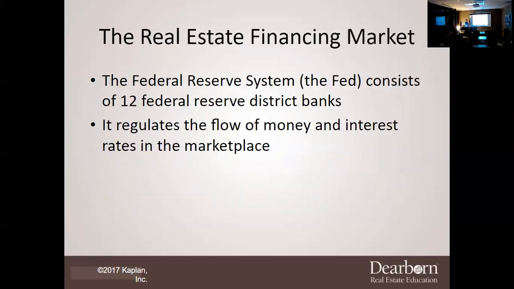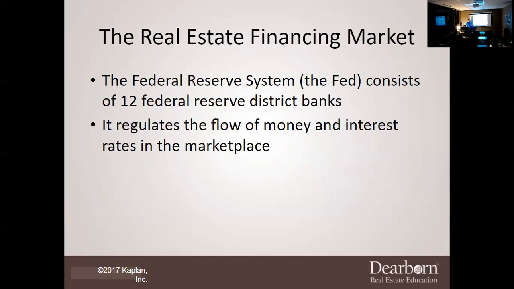Now, we're getting to the good part here, all right? The real estate financing market. So, and we're not going to spend a ton of time on this because when we get into the finance part, we're going to spend an entire chapter on this, all right? So I'm going to come in and we're just going to hit the basics here. So the Federal Reserve System, often called the Fed, consists of, and you need to know this, 12 Federal Reserve District banks.